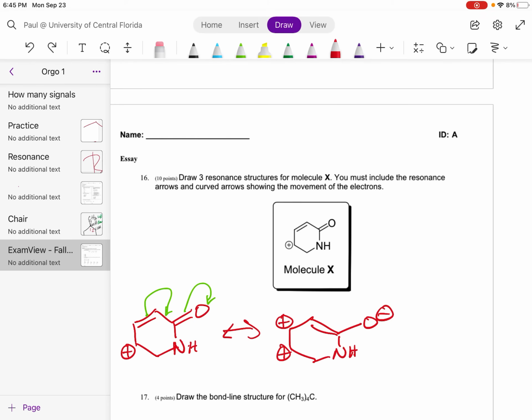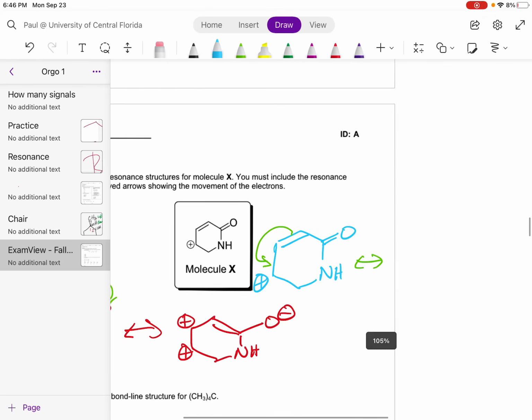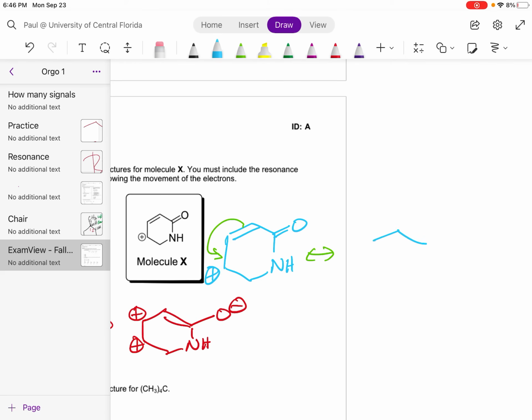No, that's still okay. What's another thing that I see here if I redraw the molecule? When you have a pi bond next to a carbocation, that's another sign of resonance. So that can come down like that. And so we could have a resonance structure that goes like this, and the positive charge would move there.